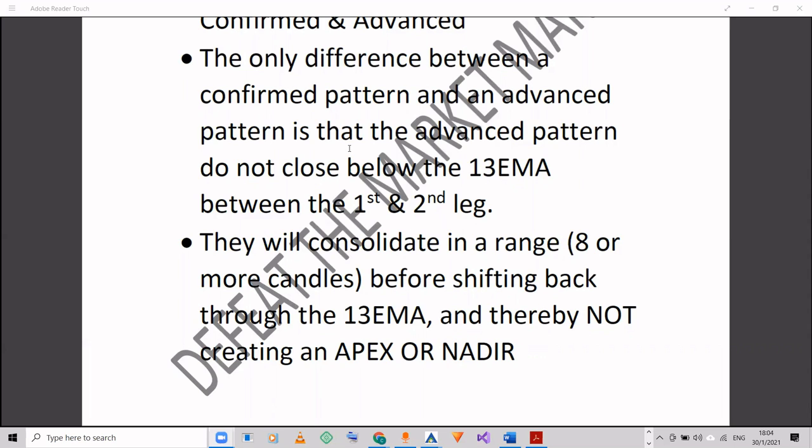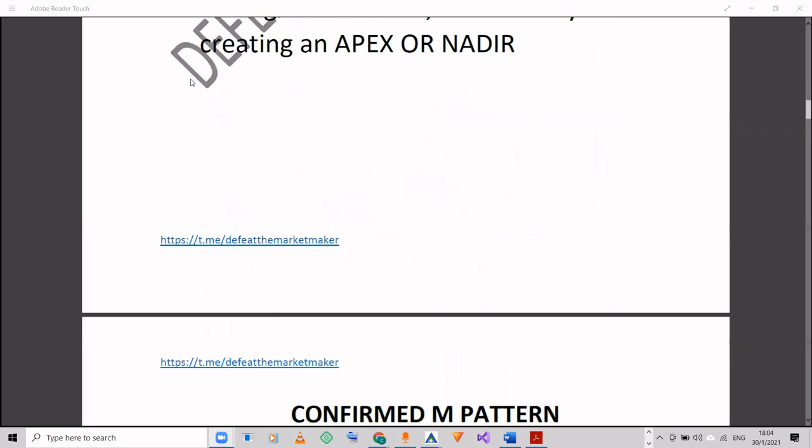This is the formation of an apex. So that's the apex for you. It occurs within a range of 8 or more candles before shifting back through the 13 EMA again.